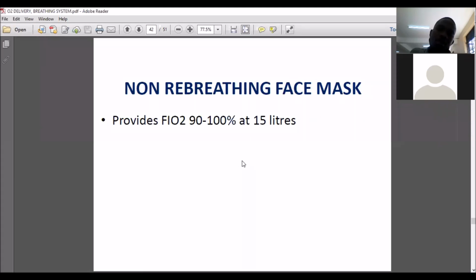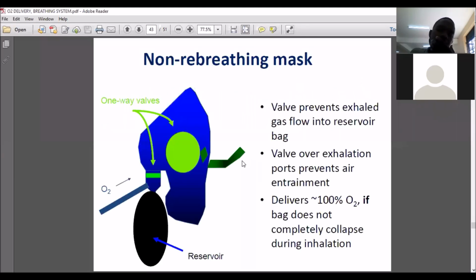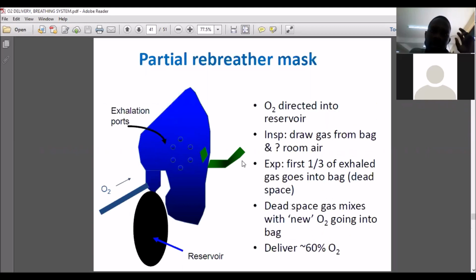The non-rebreathing face mask, these ones we put direct, okay? Non-breathing mask, one-way valves. For them, we just cut off the oxygen. The oxygen coming in goes one way and it leaves one way, okay? The exhalation ports are closed. You're getting me? The exhalation ports, those who do the mask, you have it like this, okay? In most cases, they have a hole on the side, okay?